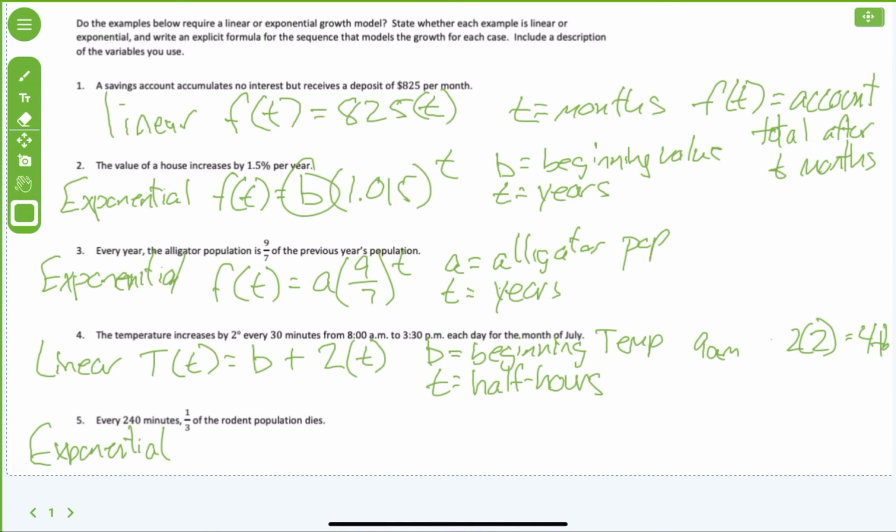It's writing the formulas. So, anybody want to take a stab at this? We'll call it R of T for the rodent population. This one's fairly easy. We're going to say that it's P, which is the population of the rodents, times what?